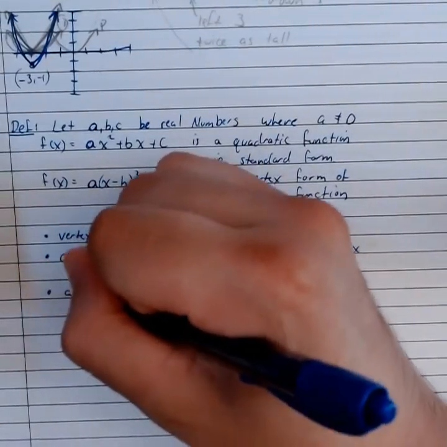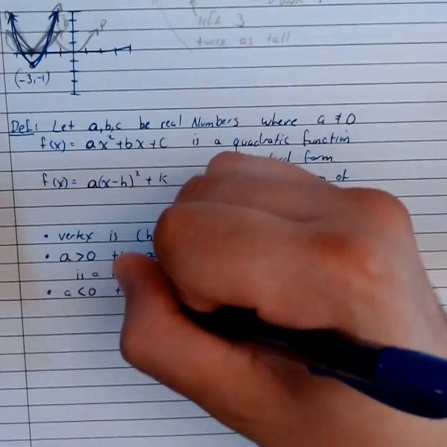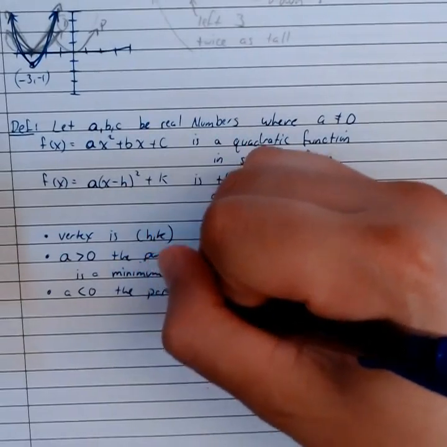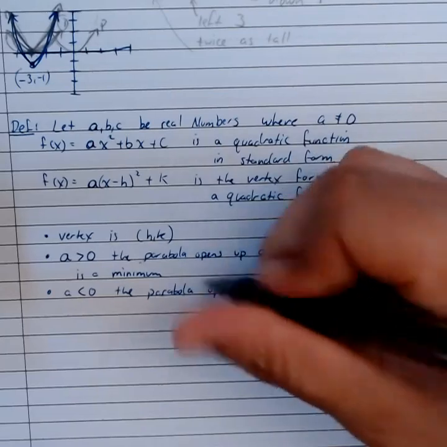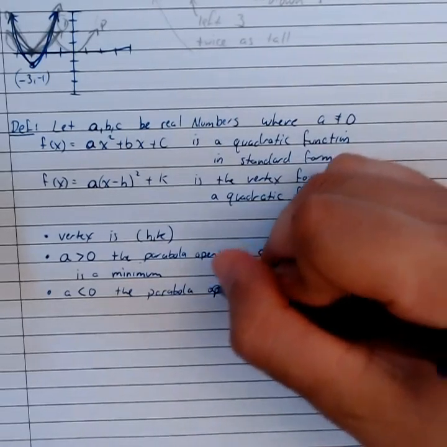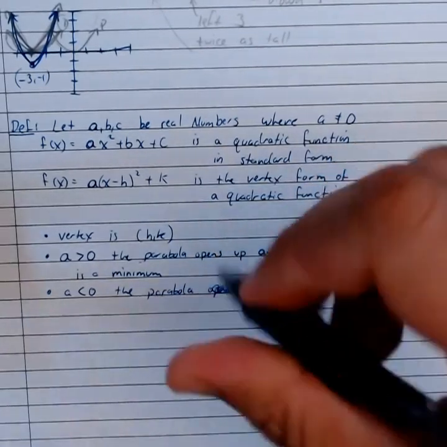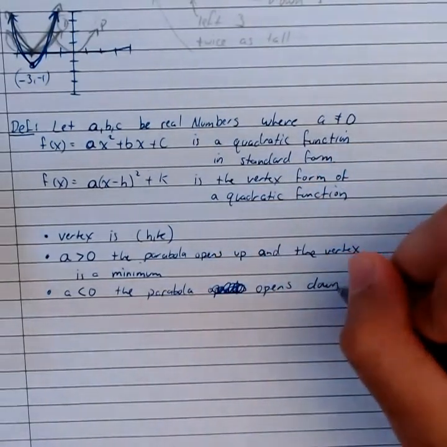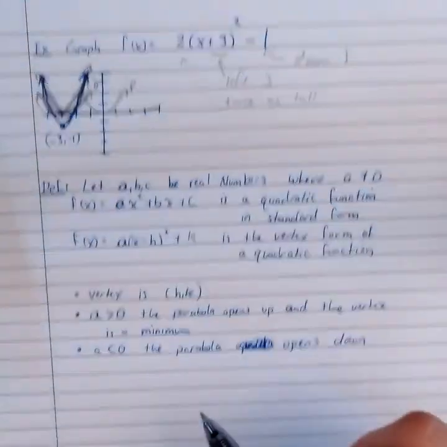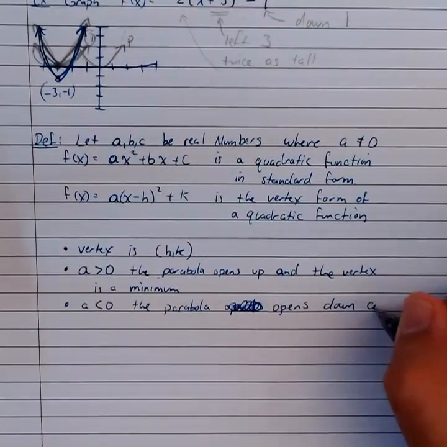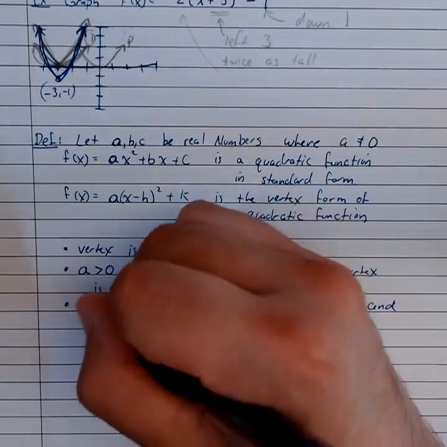On the other hand, if a is less than 0, then everything is upside down. The parabola opens down. So instead of opening up that way, it would come down this way. It would be upside down, opens down, and the vertex is a maximum.